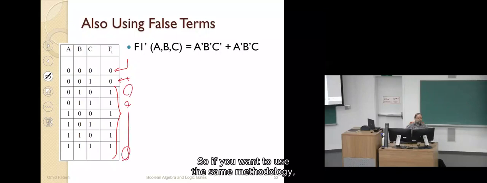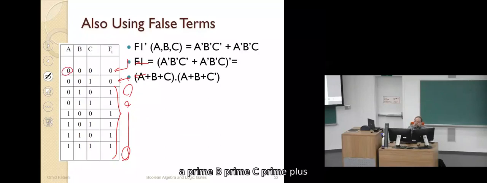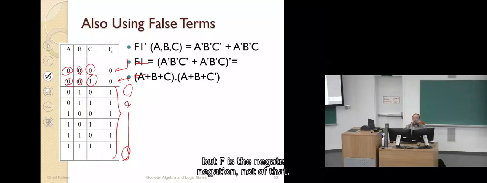So if you want to use the same method, we can look at these two and write the function of not f1. f1 naught is a prime b prime c prime plus a prime b prime c, with these two. So this is f naught, but f is the not of that.